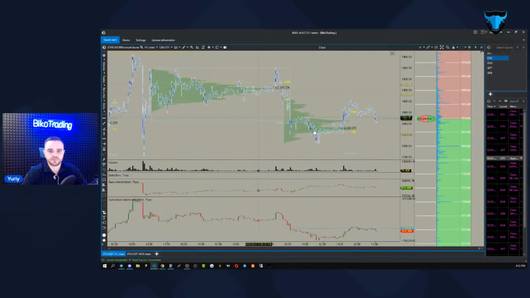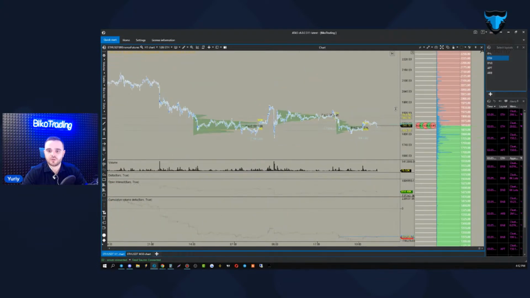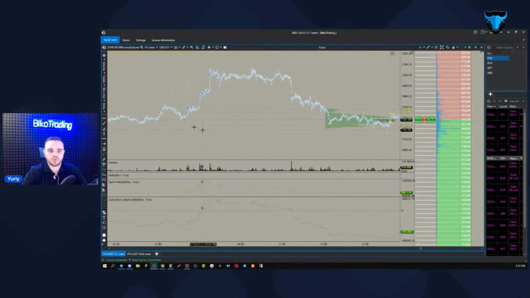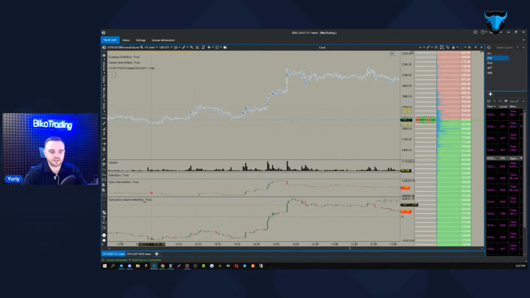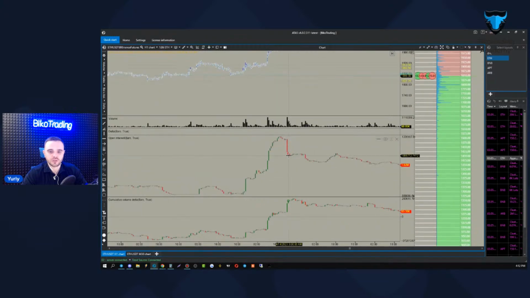Let's open this one. Pay attention how it was really beautiful. How delta, cumulative delta, massive rise exactly at high, guys. Delta rose by nearly 200,000 on this 1 hour candle, only on Binance, and massive drop on open interest.